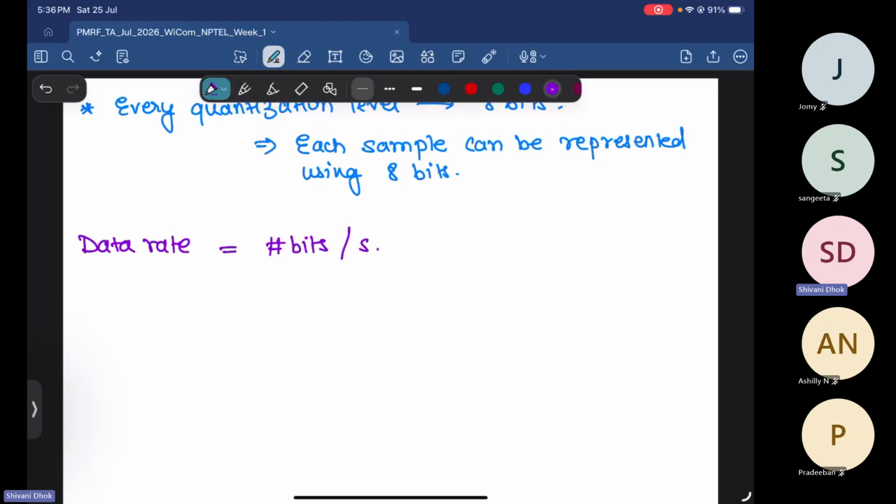This is the basic definition of data rate. This we can simplify as the number of samples that we generate per second into the number of bits that are required per sample.